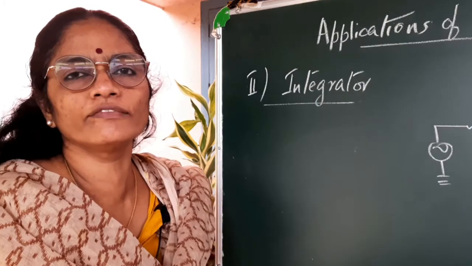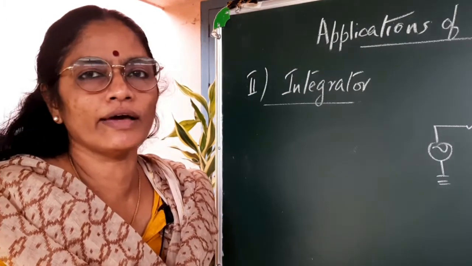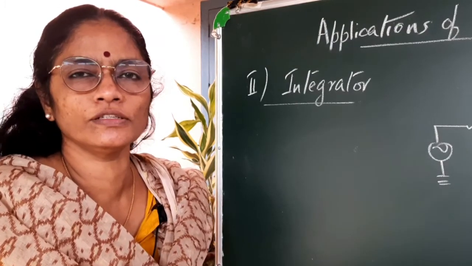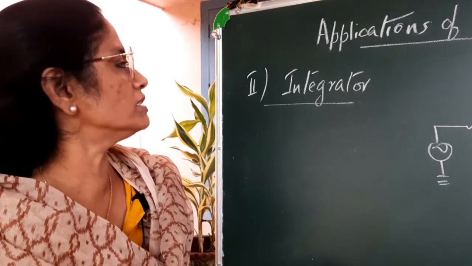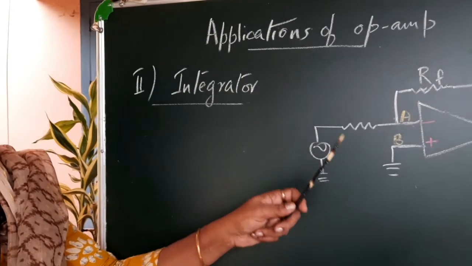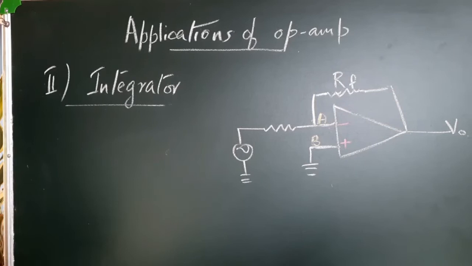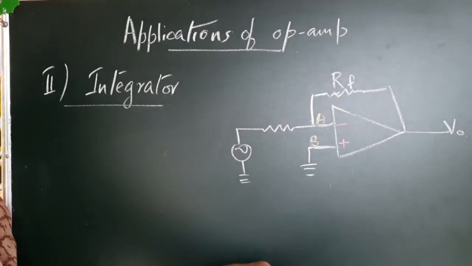So, now that we have discussed the summing amplifier, the concept of averaging and so on, let us move to the next application, that is integrator. So, this is the second application, integrator. We have got a basic inverting mode of amplification of the op amp. Here, let us modify the circuit into an integrator.